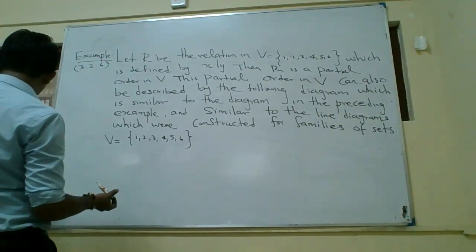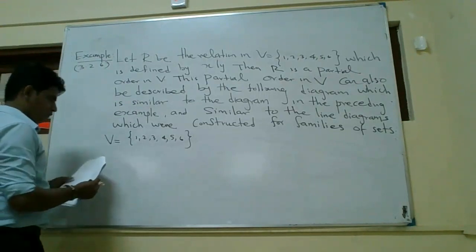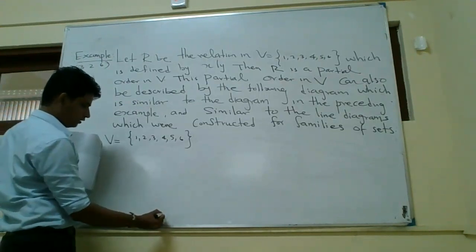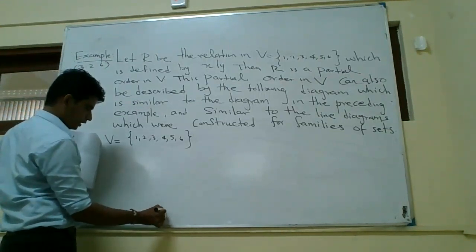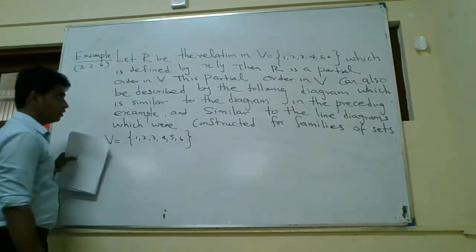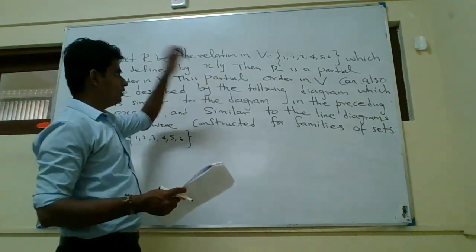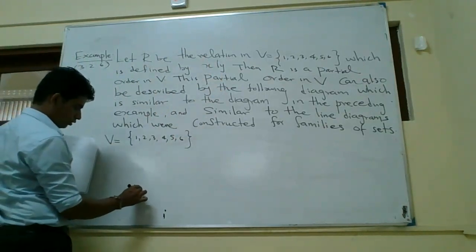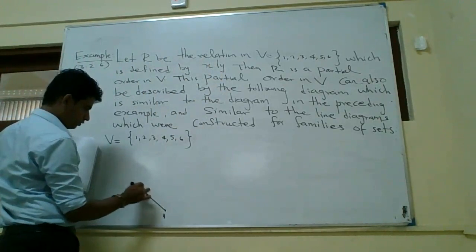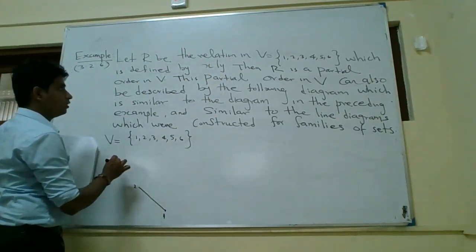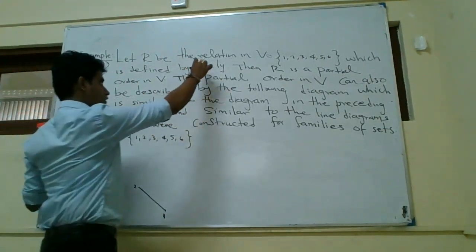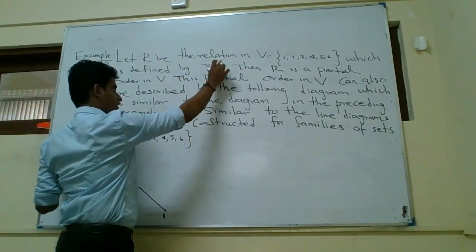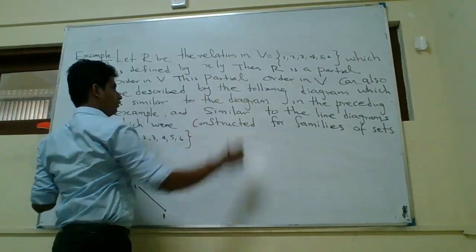Right. In this case, first we take here 1. Here X divides Y, therefore take 2 here. 1 divides 2. Now you put here X as 1, Y as 2, then 2 equals 1 into 2.